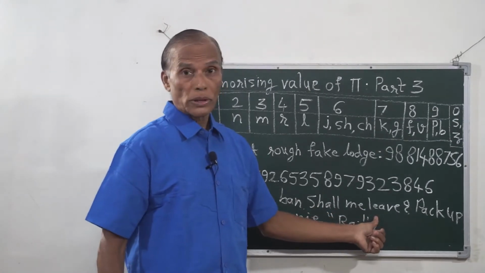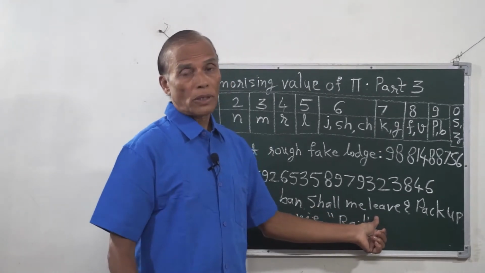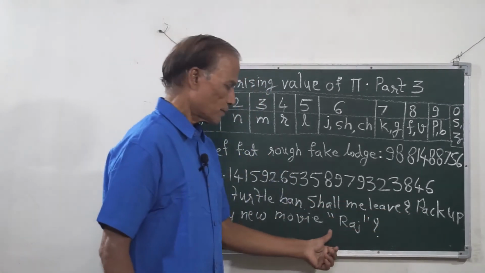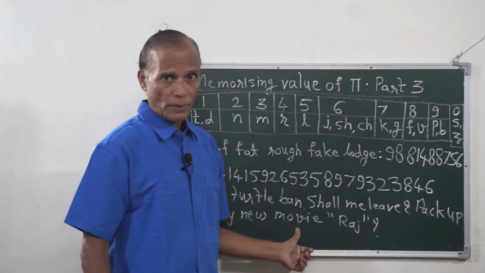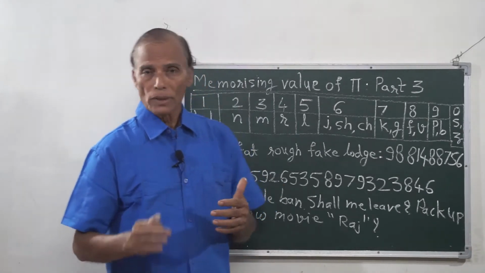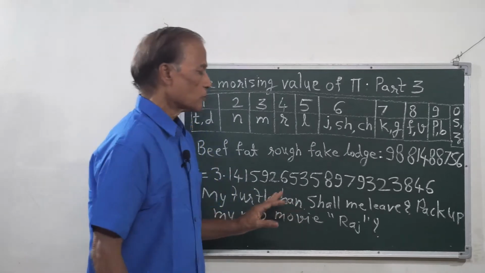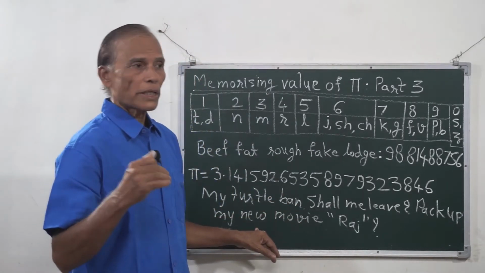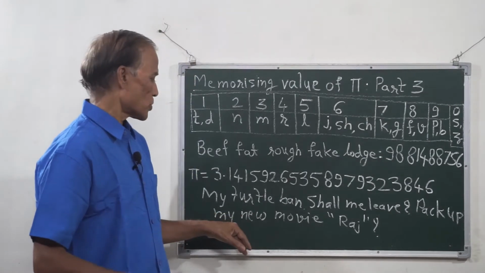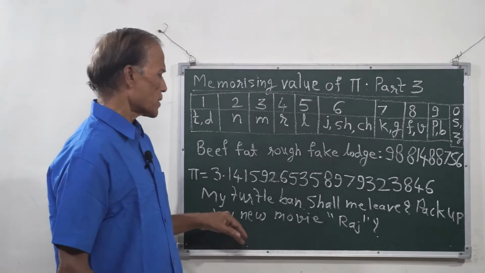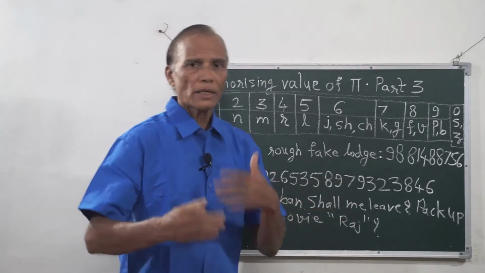Shall I stop the work of that movie and pack up all these things? This sort of movie picture, this sort of story can be constructed, and that makes us remember this sentence very easily. So we can very easily remember this by making some story.